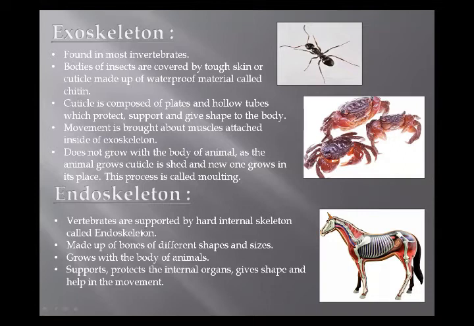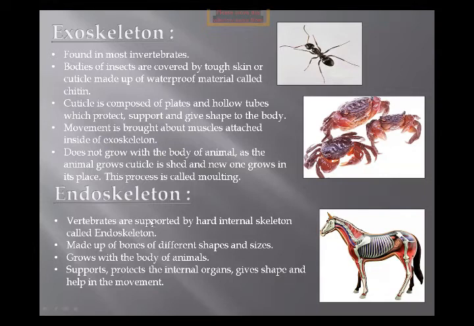The endoskeleton is made up of bones, cartilage, tendons. Mostly bones are responsible to make our endoskeleton. The bones are of different shapes and sizes, and these bones are living things. They grow with the growth of the animal body.